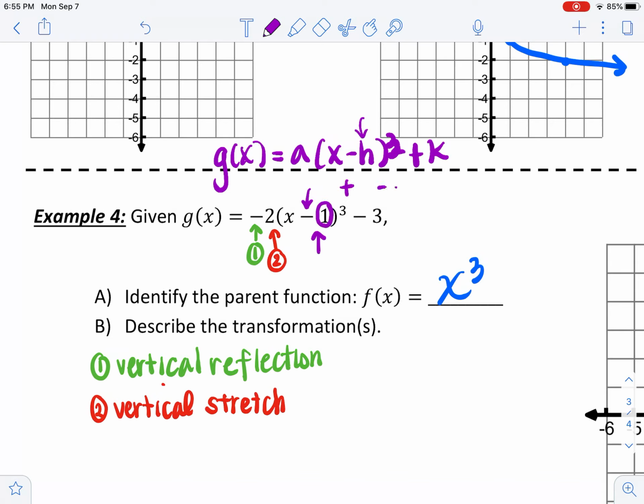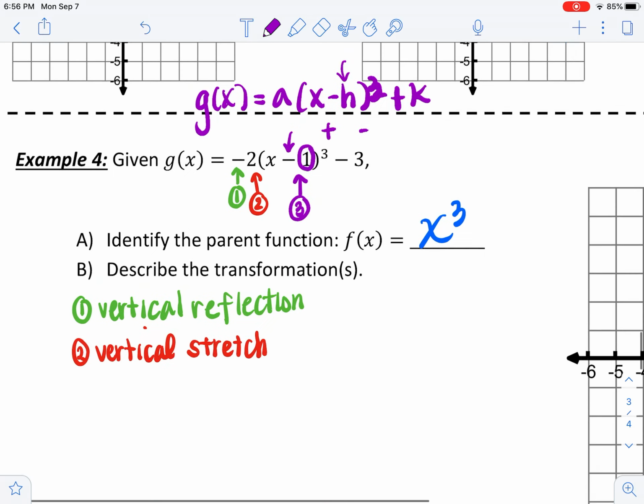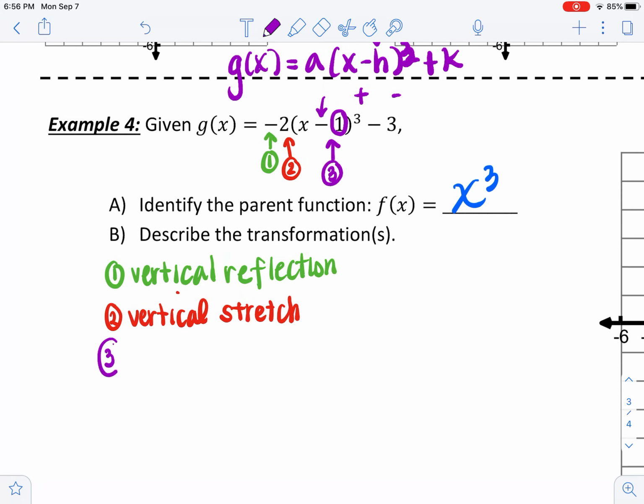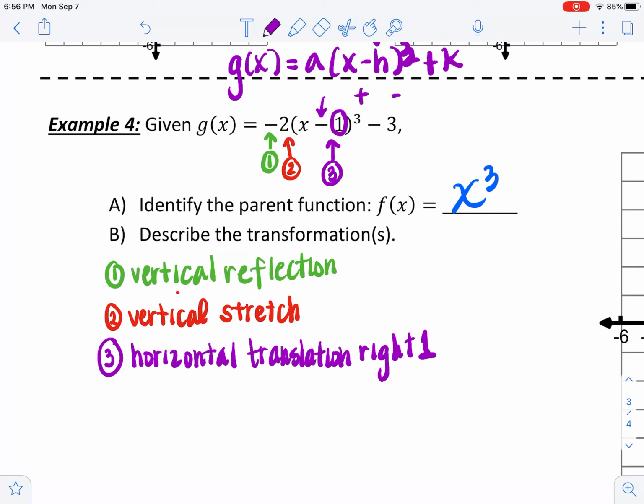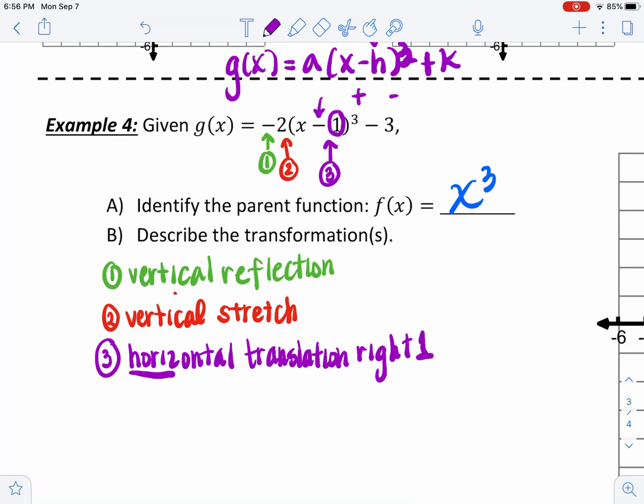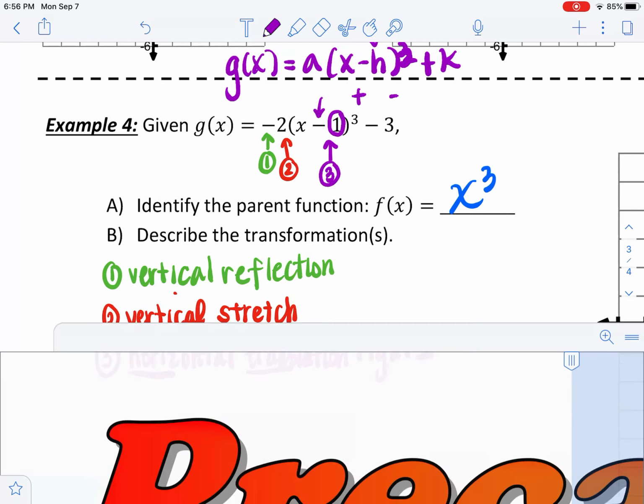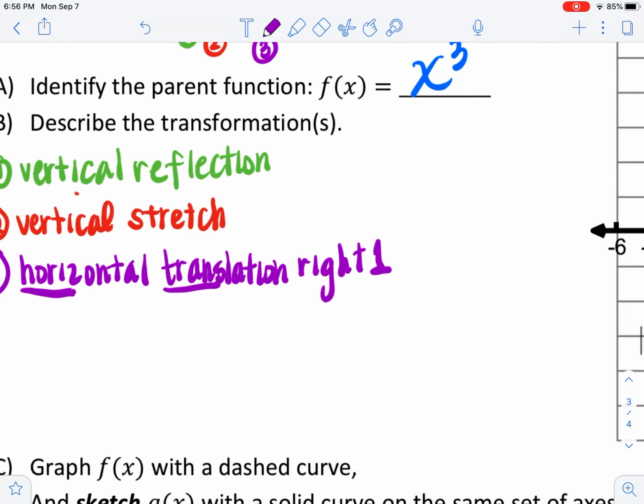And if it was a plus, that's like minus a negative number. So this means that it is moved right. So don't just put right. You are doing a horizontal translation, right 1. So make sure you write down all of those words. Yes, you can abbreviate horizontal and translation, and then maybe put R1, but please don't just put right 1.